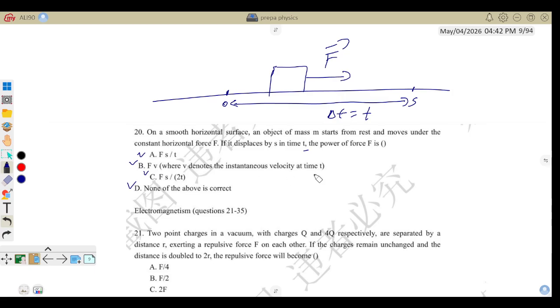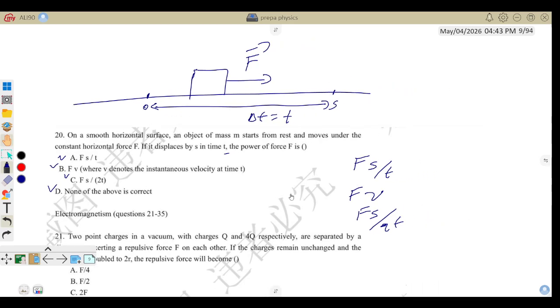We have Fs divided by T, Fv, Fs divided by 2T, or none of the above, because there was a motion, there must be a work, which means there is a power.